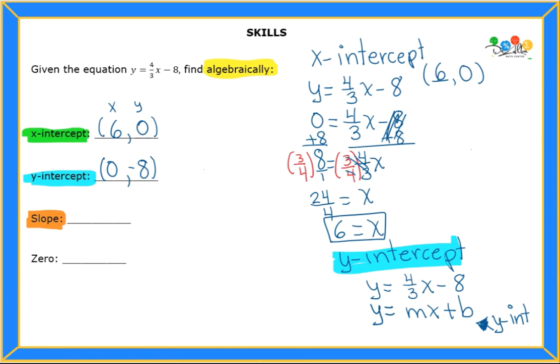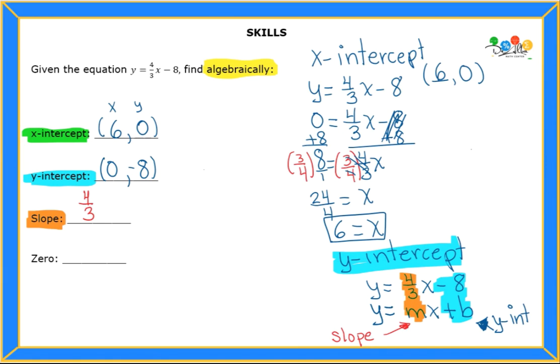For the slope, I'm going to come back to the equation that we did earlier. Slope is m. Let me go ahead and highlight this one. The slope is the coefficient, or the number next to the x. This is my slope. So my answer for that will be 4/3.